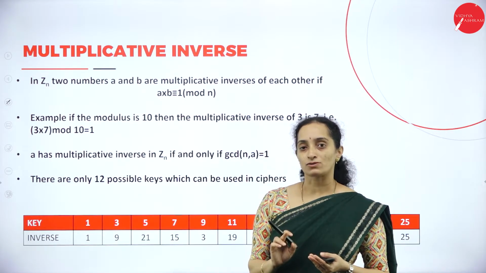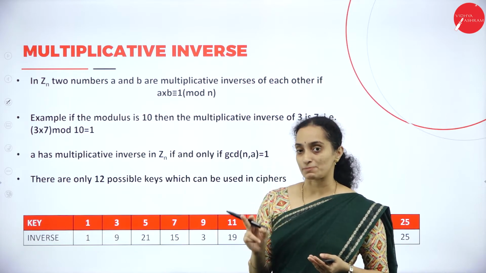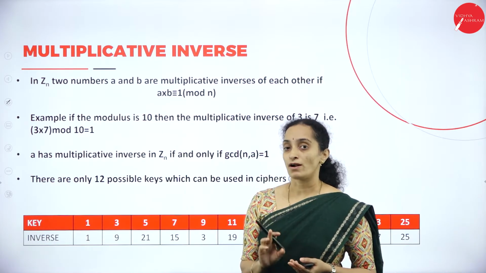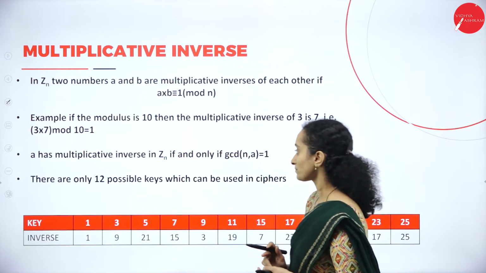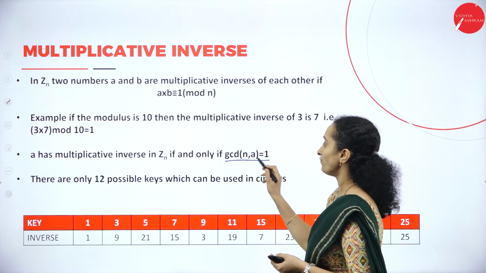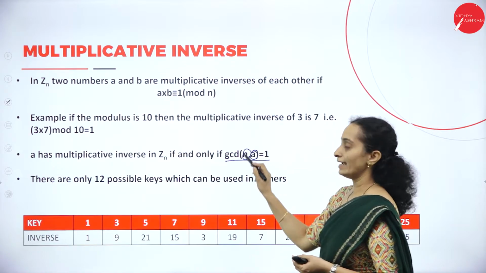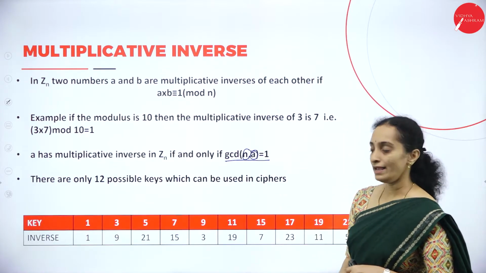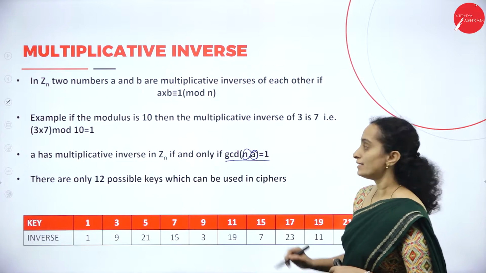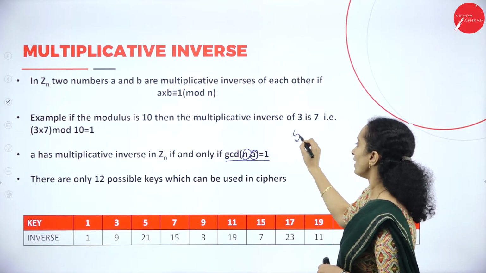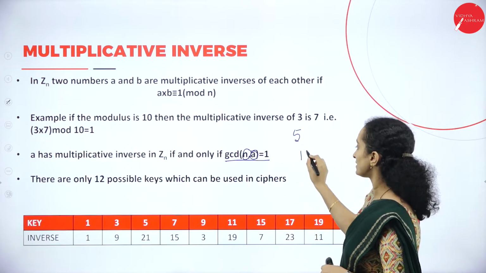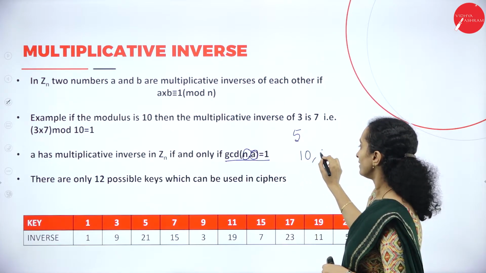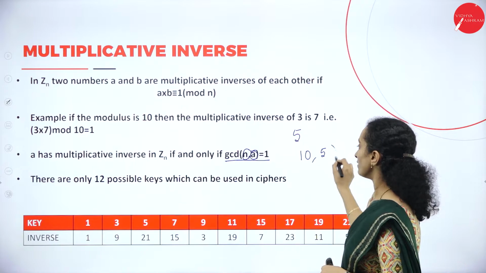In odd numbers also, you have some exceptions which are not able to generate one. So, the GCD of the modulus and A must become equal to 1. Suppose you take a value 5, base is 10 and A value is 5.